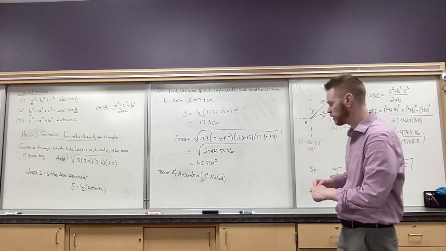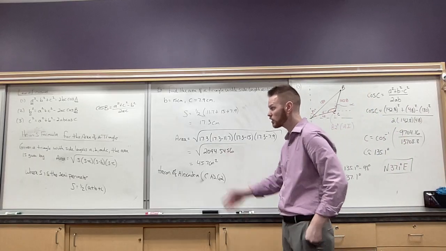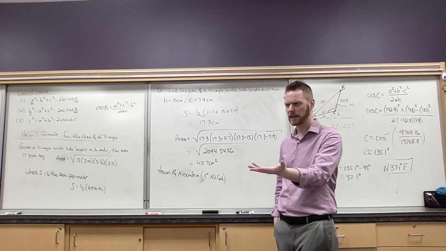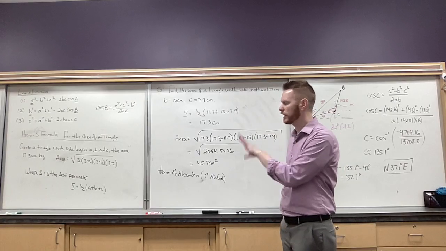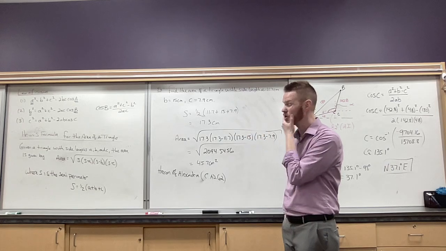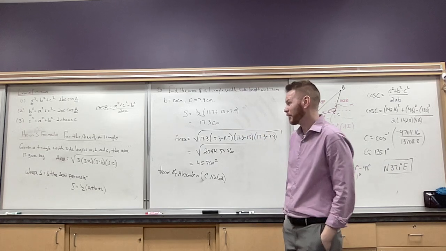He was able to come up with another way to calculate the area of a triangle, which is awesome, because not all the time can you have an altitude. You could draw an altitude and figure out what that is, but this eliminates that need. You can figure it out based off of just 3 side lengths, which is incredible. It's a lot of fun.